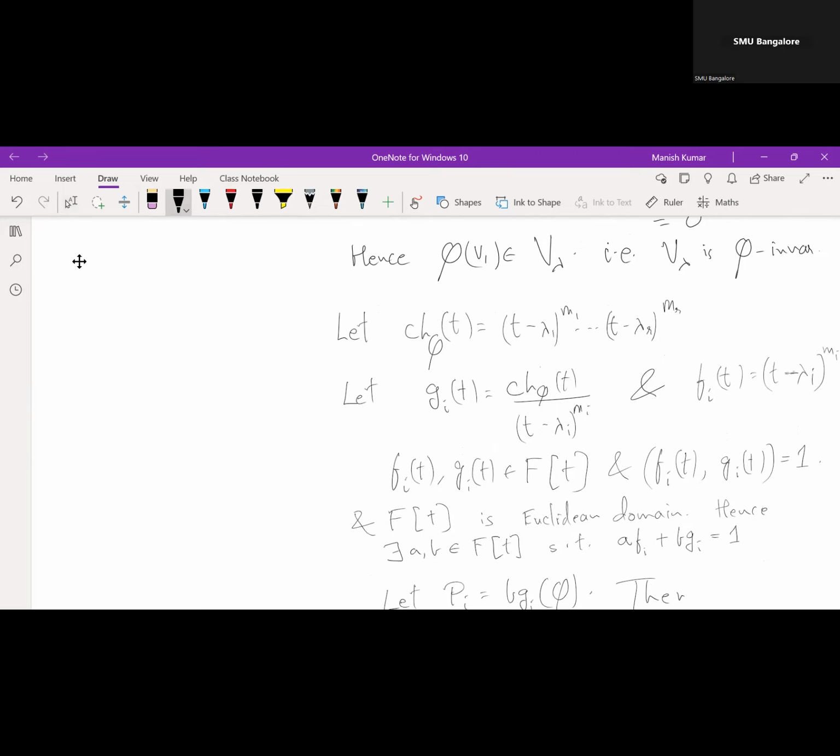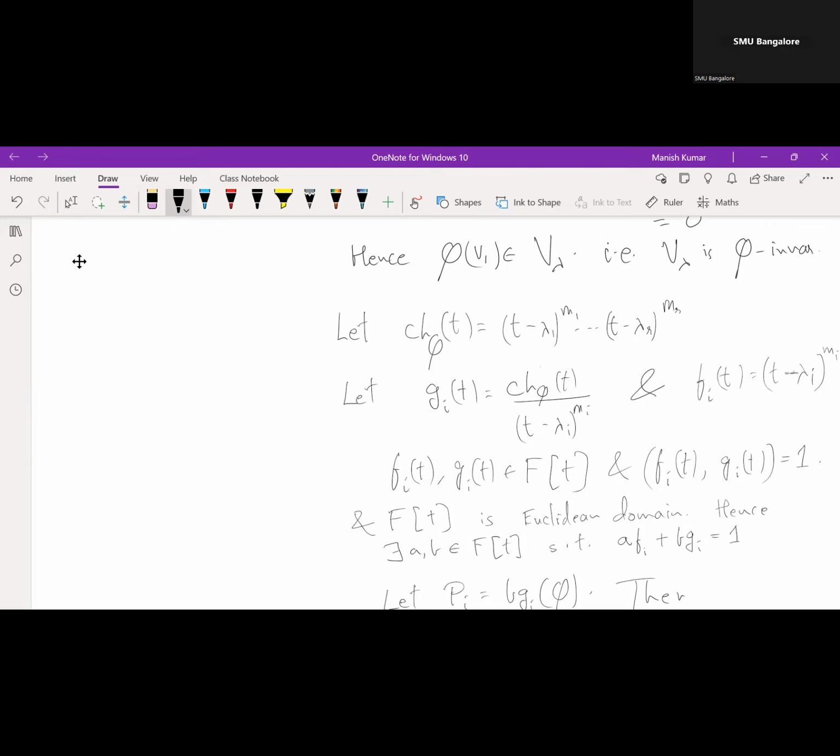So this is like in the integers. If I give you two co-prime numbers P and Q, then you can find integers A and B such that AP plus BQ equals 1. The way you do it is you use the division algorithm.